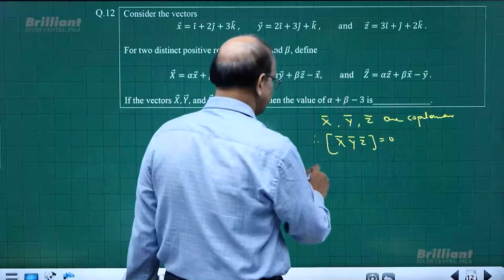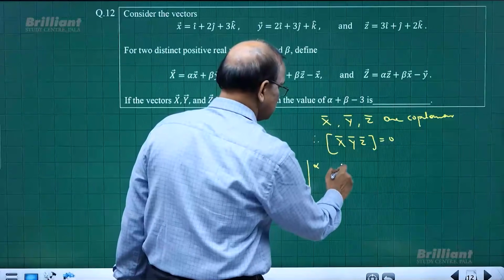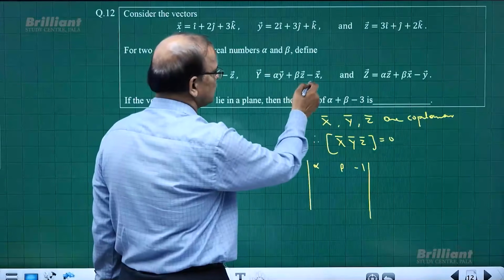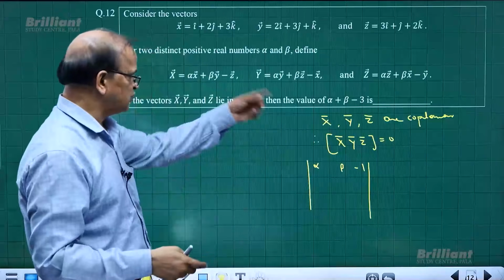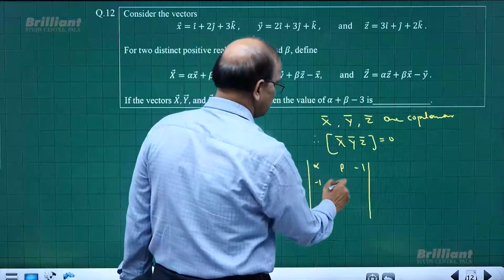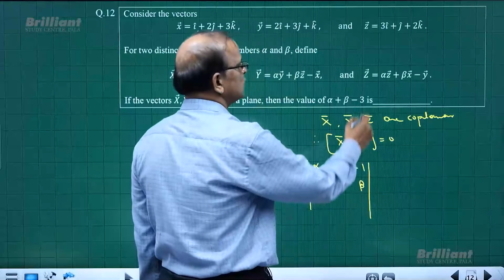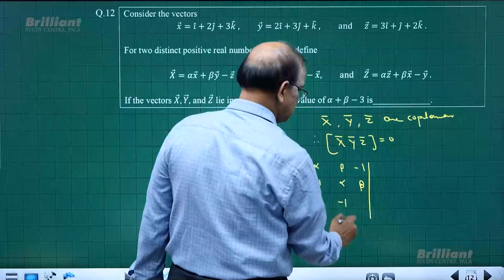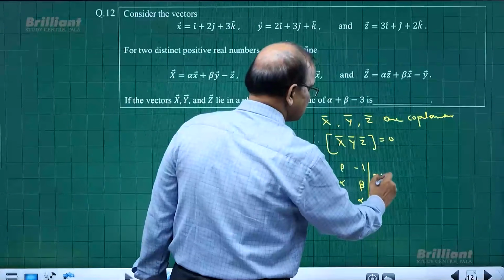So therefore the determinant of coefficients: alpha, beta, minus 1. Here alpha is the coefficient of X bar, minus 1 of Y bar, and Z is beta, in the coefficient order X bar, Y bar, Z bar we had. Now here X is beta, Y is minus 1 and Z is alpha, into the box of X bar, Y bar, Z bar.